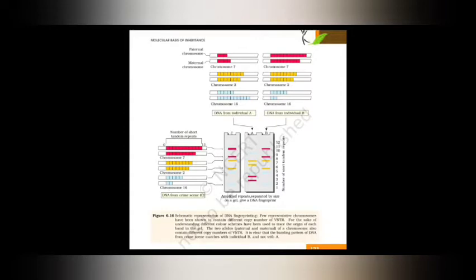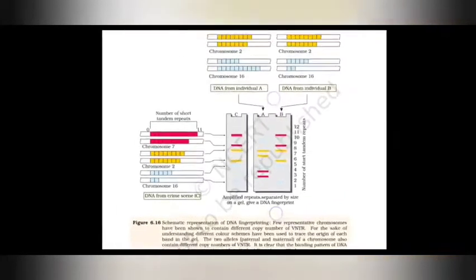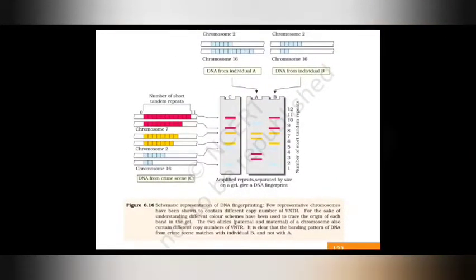You can see the patterns. There are patterns of two individuals, A and B, which is compared with the pattern C. This pattern C has been identified from the crime scene, which will be called the VNTR probe, whereas A and B are the suspects. We will come back to it again.